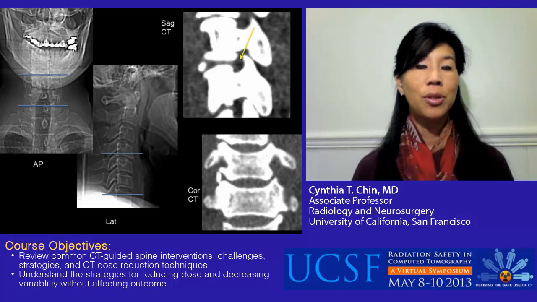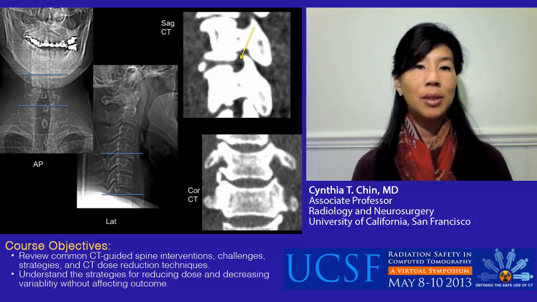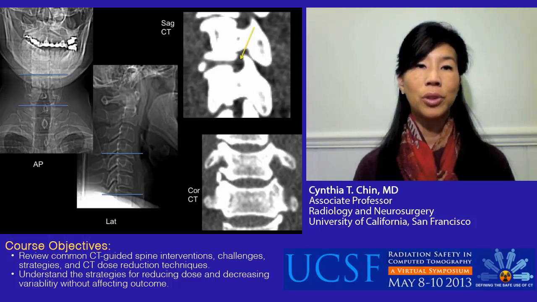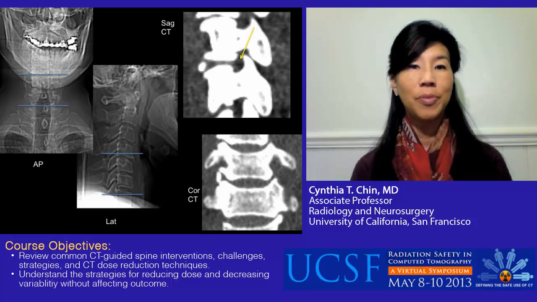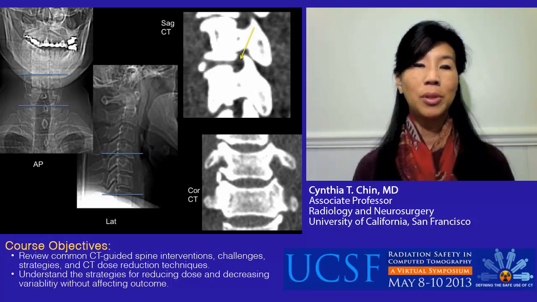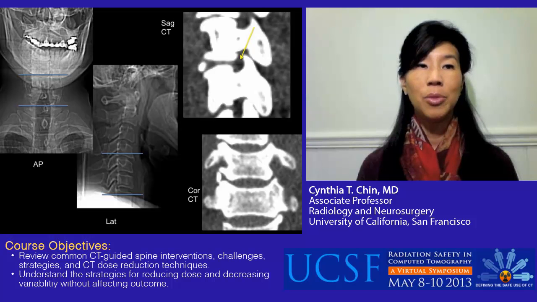The next slide shows the AP and lateral scout on the CT view that just targets the level of C5-6, not the entire cervical spine, and the sagittal and coronal reformats that were obtained from these targeted views. The yellow arrow points to the equivalent on CT of the severe foraminal narrowing that we had seen originally on the MR images.